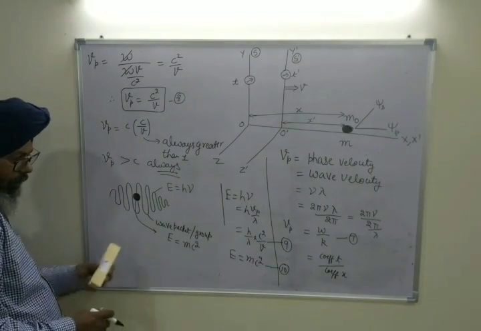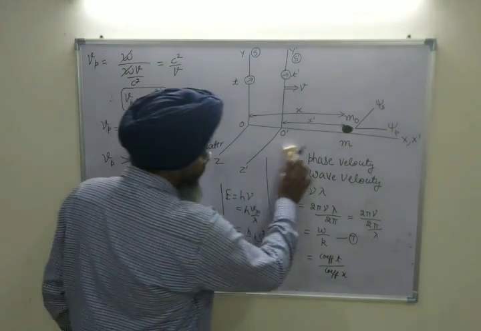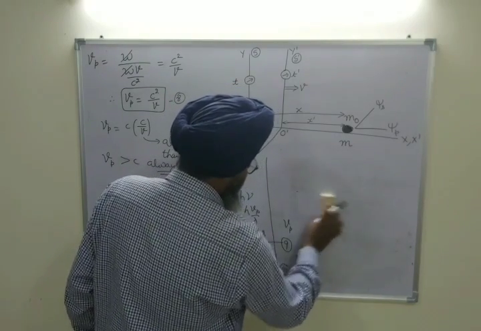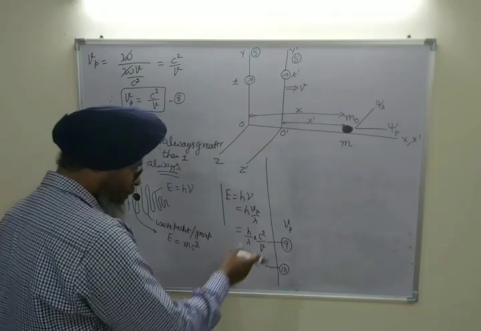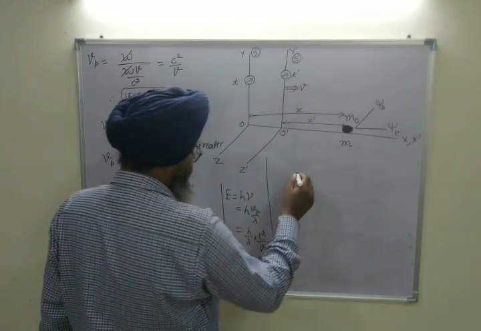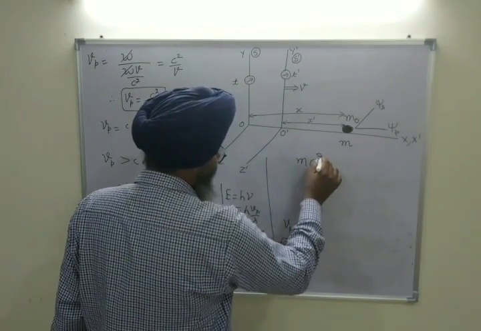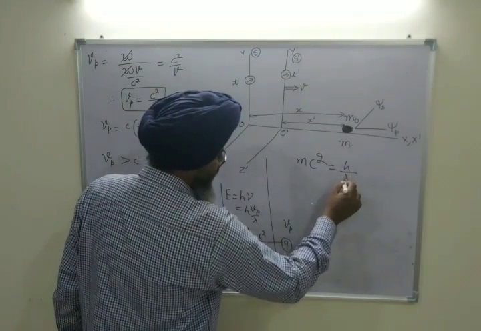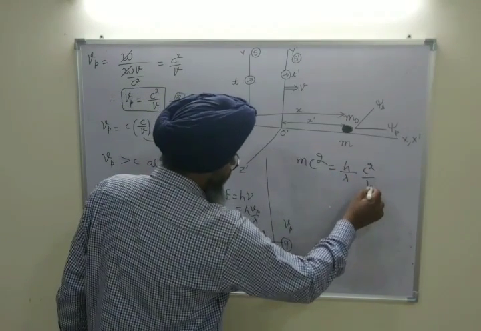Now, if I equate equation 9 and equation 10, I would immediately get my desired result. Equating equation 9 and 10, we get mc square equals h by lambda times c square upon v.